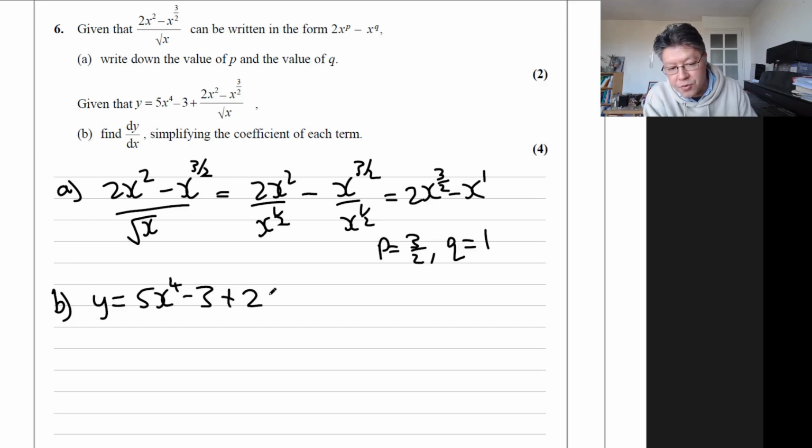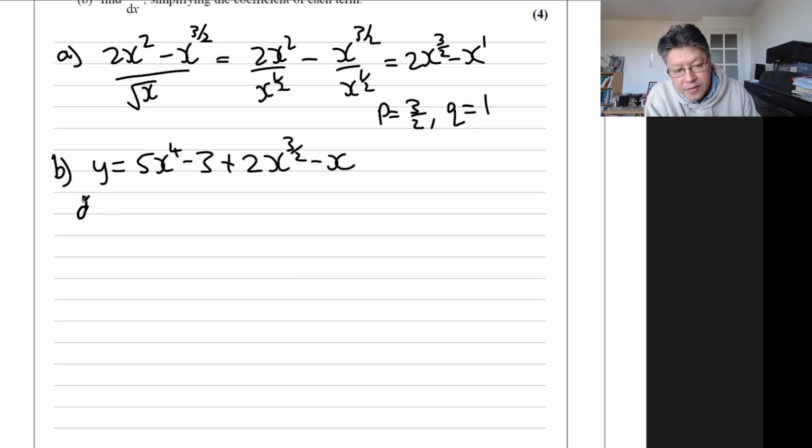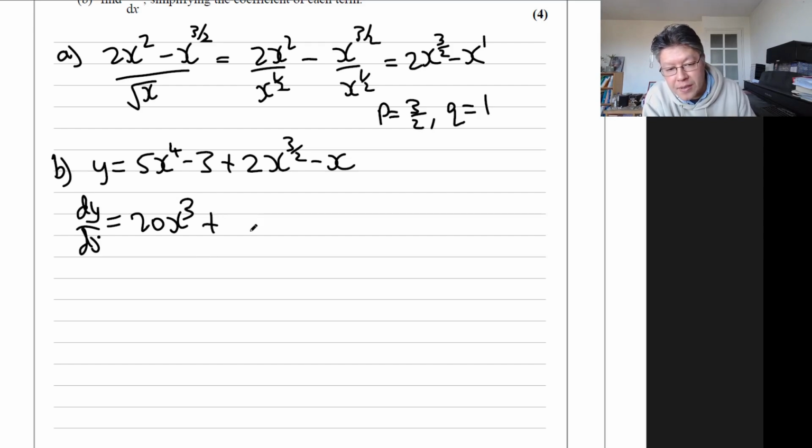So plus 2x to the 3 over 2 minus x, and we need to differentiate it. So we get dy dx equals 20x cubed, and the minus 3 disappears. That's plus, so 2 times 3 over 2, that's 3, x to the 1/2 minus, and then x becomes a 1.